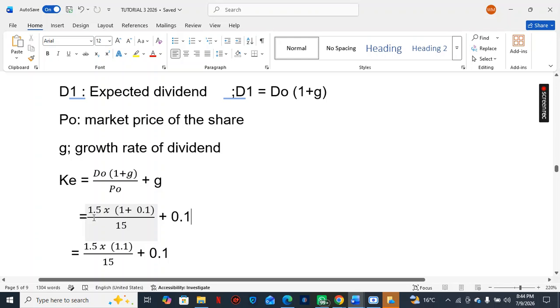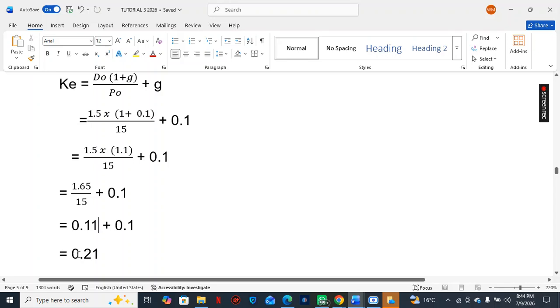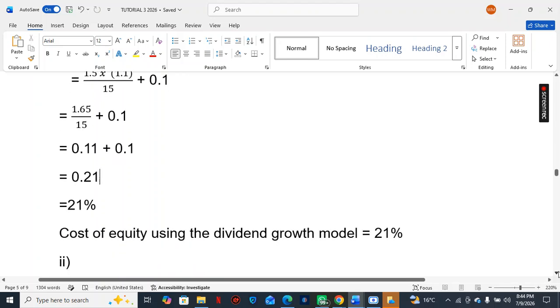Order of operations: start with the brackets, 1 plus 0.1, 1.1. 1.1 times 1.5, you get 1.65. 1.65 divided by 15, we get 0.11. 0.11 plus 0.1, you get 0.21, which gives us 21%.